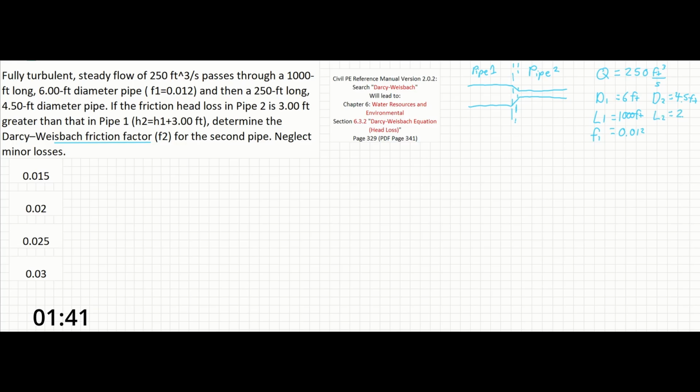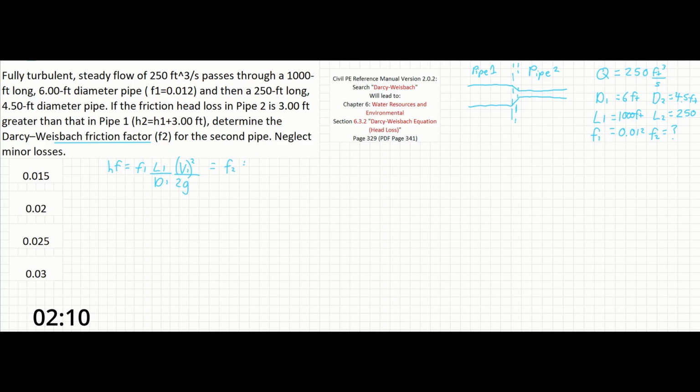So, let's write out the Darcy-Weisbach equation and see what we've got so far. This equation is going to be HF equals F1 times L1 over D1 times V1 squared over 2G equals F2 times L2 over D2 times V2 squared over 2G.